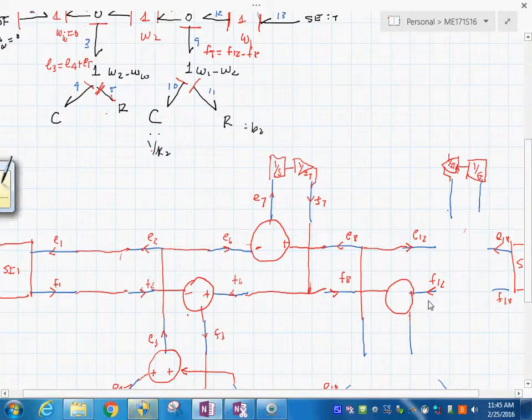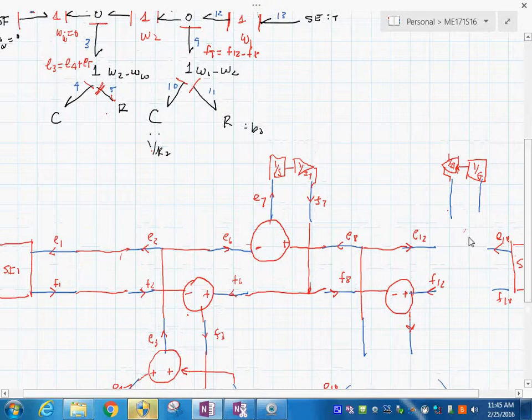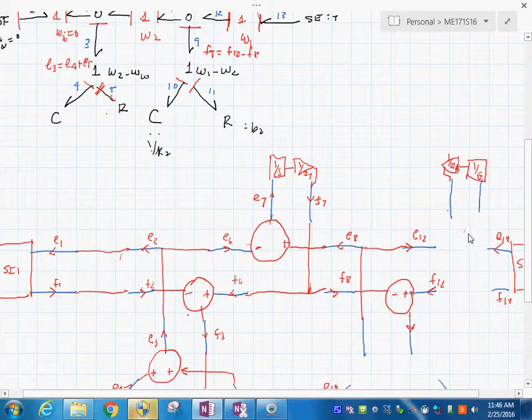But the efforts will add like this. I said E9 is E10 plus E11. This was E11, and this is E sub 9 going up. So these two again, they are plus and plus, and we only have one more left.